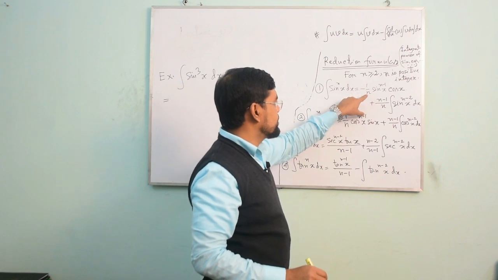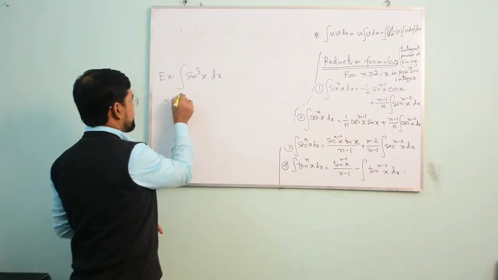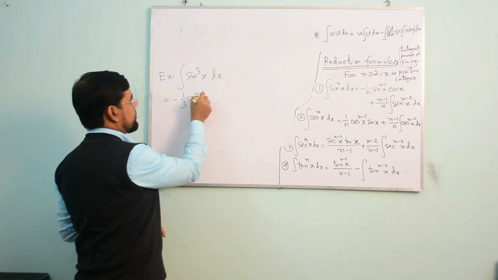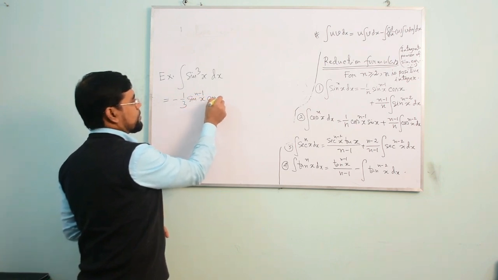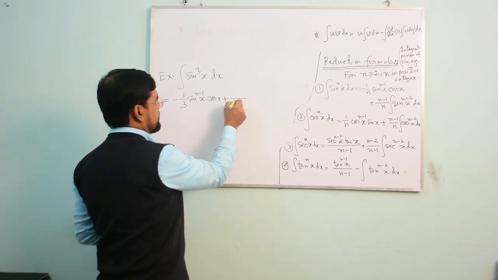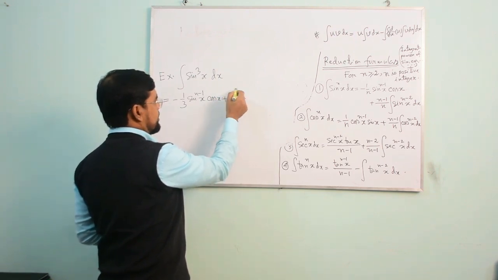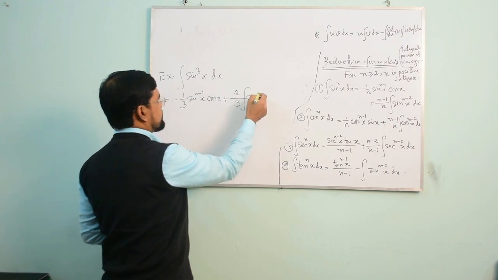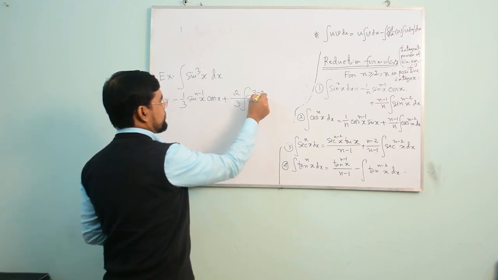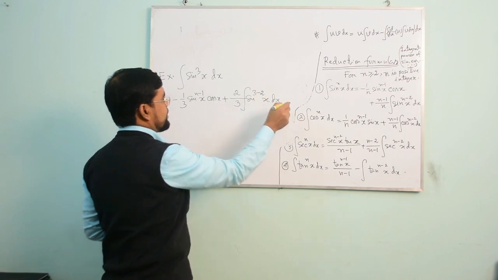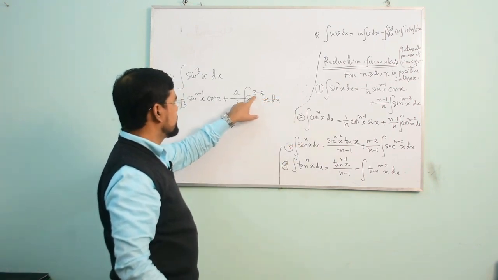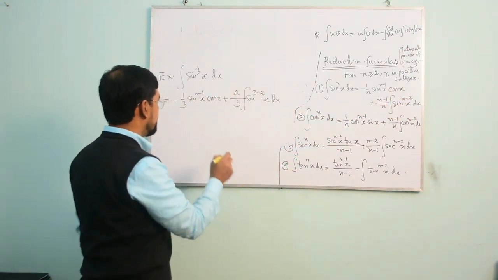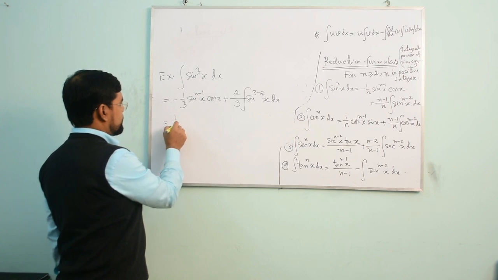So minus 1 by 3 sin to the power n minus 1 of x cos x plus n minus 1 over n equals the integration of sine to the power 3 minus 2 of x dx, because n equals 3. So here n minus 2 is 3 minus 2, which is 1.